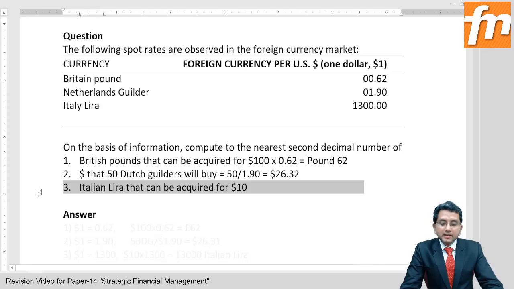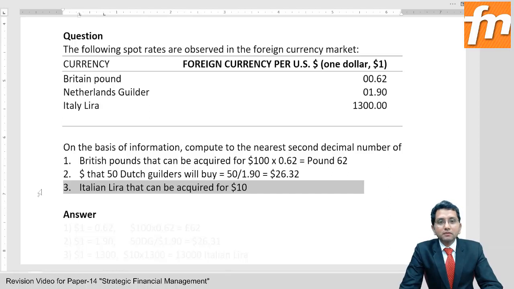Next, Italian lira that can be acquired for $10. You want to convert dollars into Italian lira. If the rate of $1 is available, multiply by the rate. But if the rate for 1 lira is available, divide by the rate.